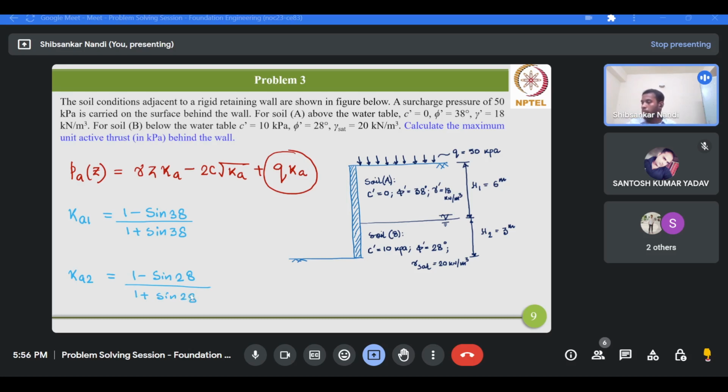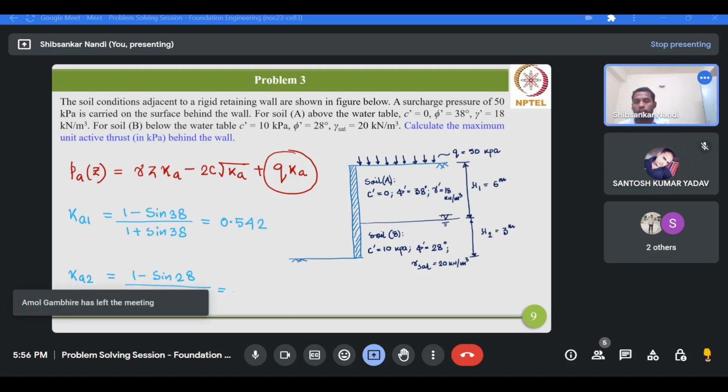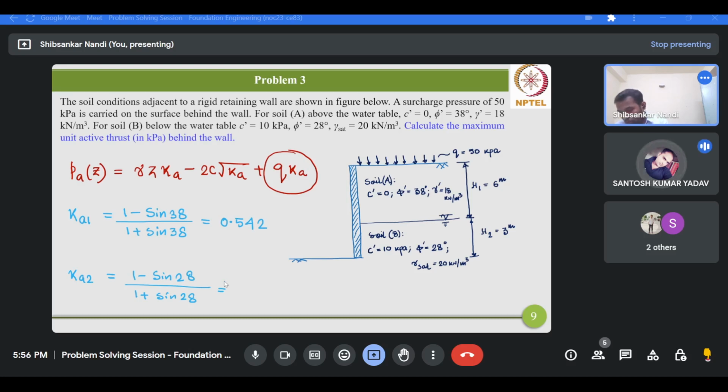Please let me know the values of Ka1 and Ka2. 0.54, sir. Ka1 is 0.542. And for layer 2, or layer B, this is 0.573, sir. Ka2.